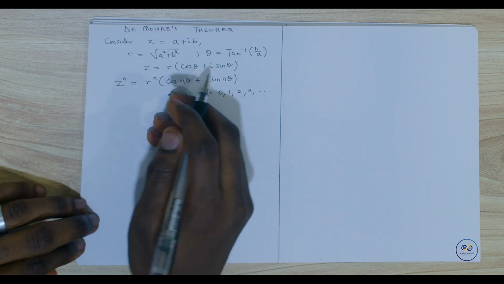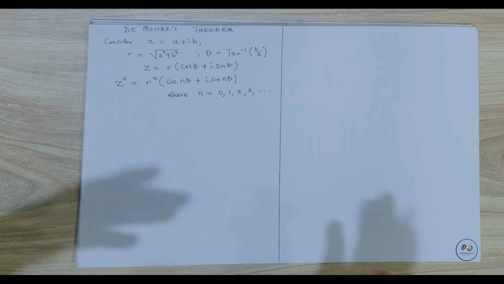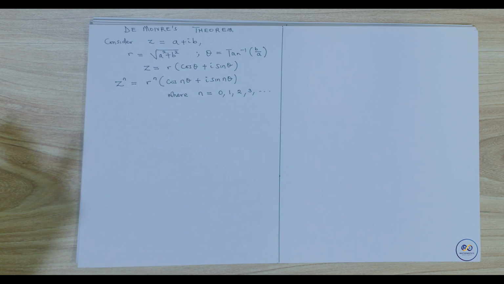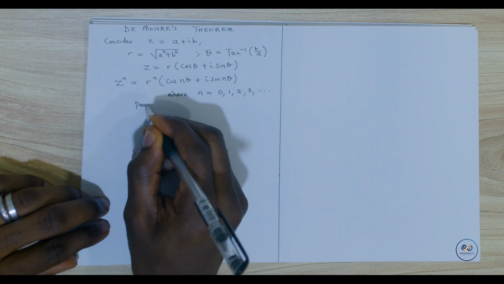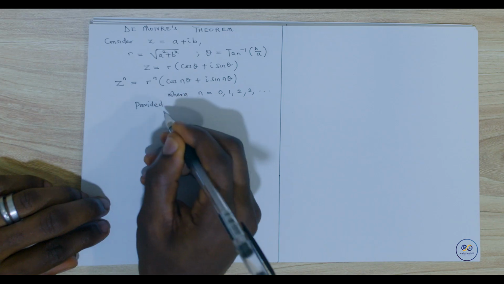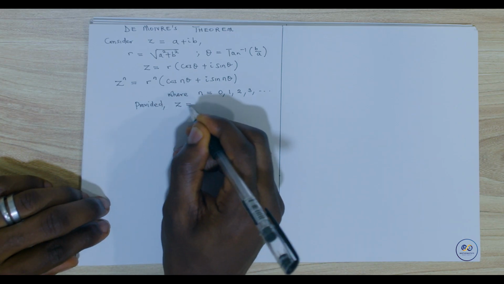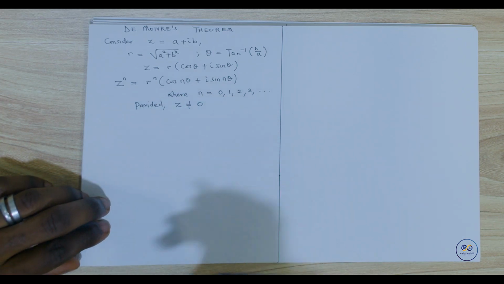And r raised to the power 0 will of course be 1 because r, which is the modulus, would not be 0 unless the complex number itself is 0. So we can say that this holds provided z is not 0.